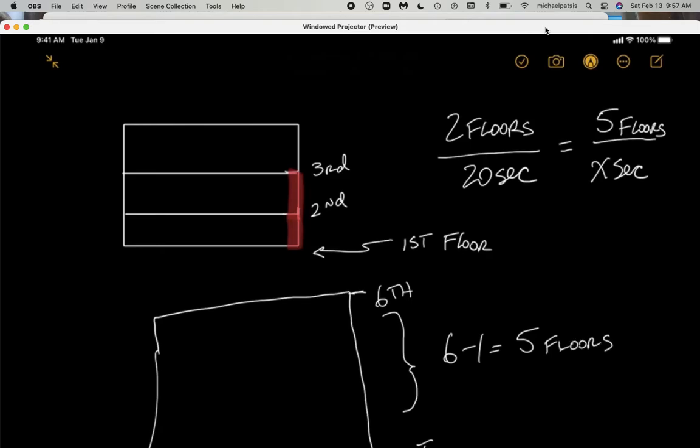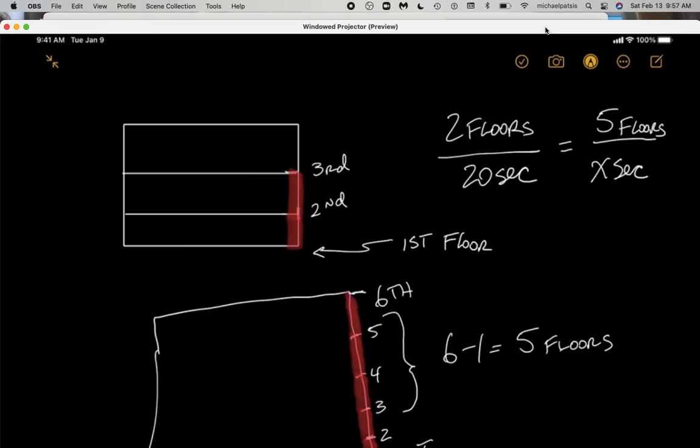If you're not sure, put in some hash marks. 2, 3, 4, 5. So here's the 2nd floor, 3rd floor, 4th floor, 5th floor. How many floors does he traverse? 1, 2, 3, 4, 5.